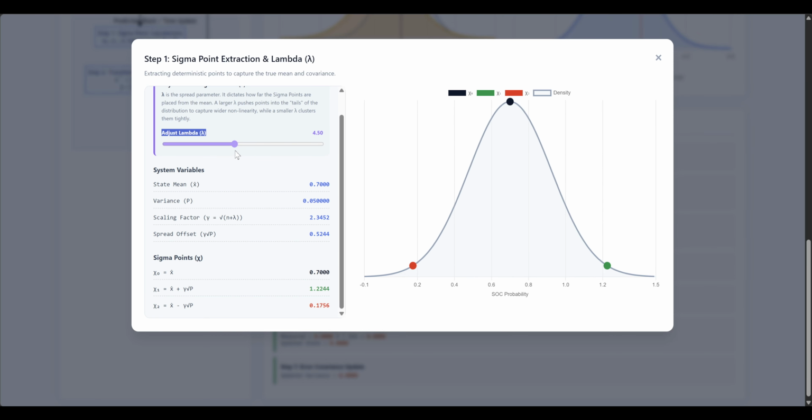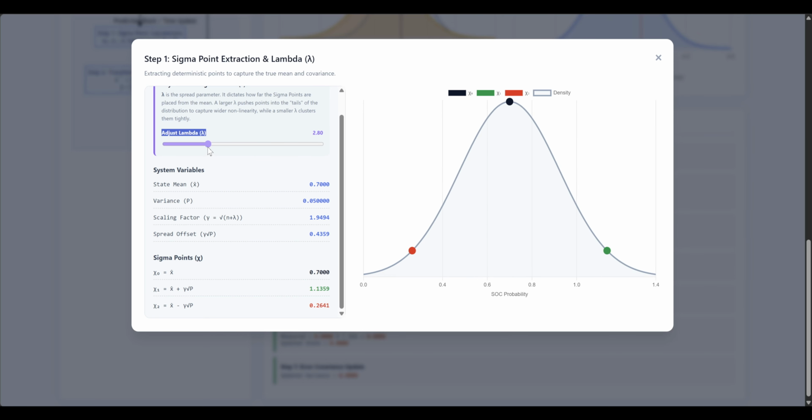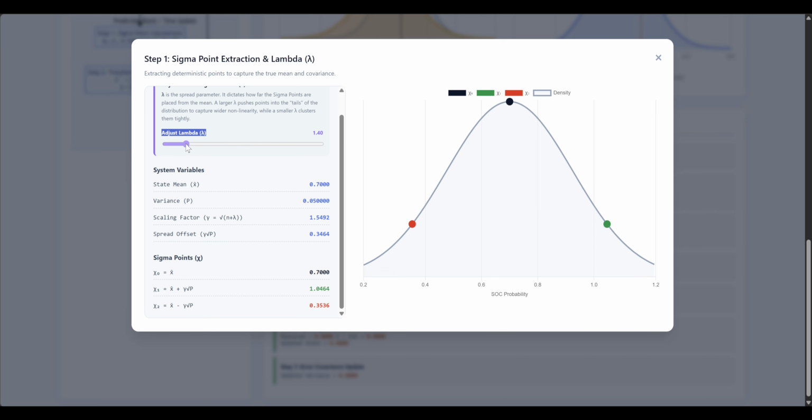If you make the value smaller, you will get proper information about the distribution. You will have the points which describe the characteristic of this distribution, and through that you will get a proper value for the sigma point. So this is the parameter used to calculate the sigma points.